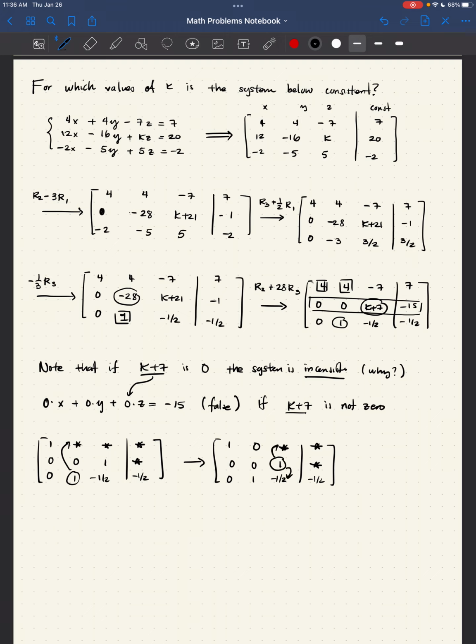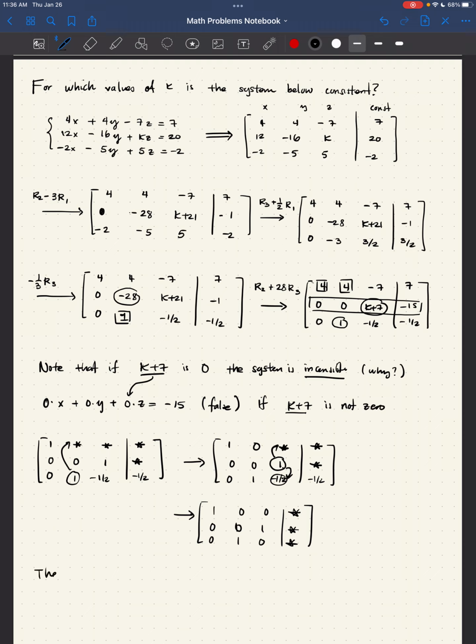And at the end, I will obtain something that looks like this. 1, 0, 0, who knows what, 0, 1, 0, 0, 1, who knows what, and then 0, 1, 0, by eliminating this with this one, and then who knows what here. That's not important. I don't really care what the solution is. What I care is that there is a solution. That's the condition that I'm looking for.